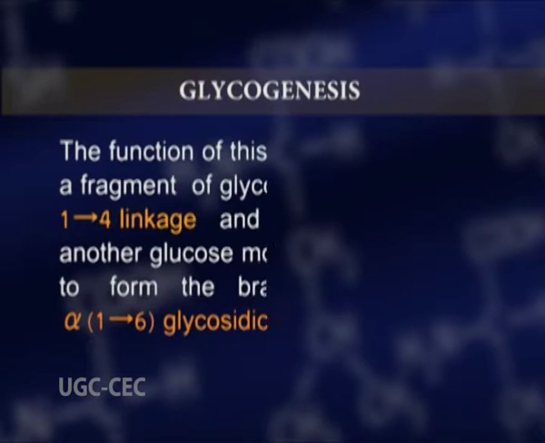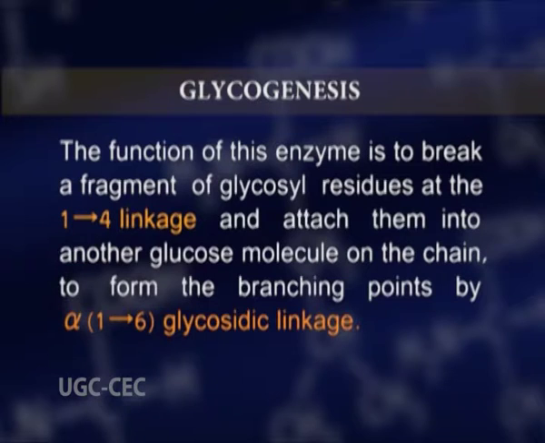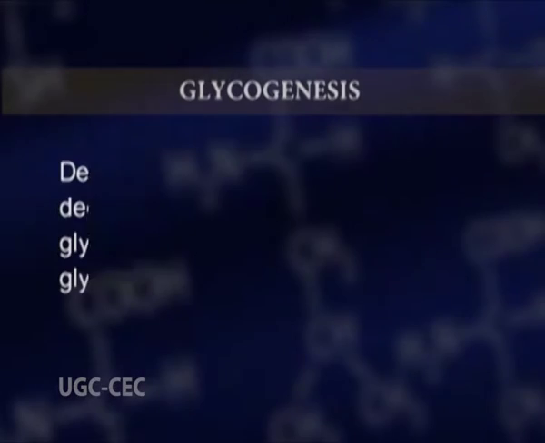The function of this enzyme is to break a fragment of glycosyl residues at the 1,4 linkage and attach them to another glucose molecule on the chain to form the branching point by alpha-1,6 glycosidic linkage. This results in more endpoints for UDP glucose to add further glucose residues. Thus, the branching enzyme results in an extensively branched glycogen molecule.